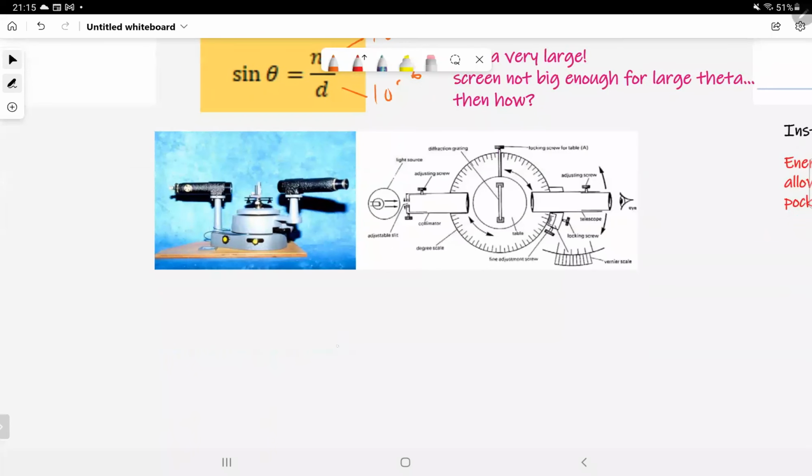In a diagram, you will want to draw something like this. Light goes through, and you have a curved screen, and first order, second order, and so on. 0, 1, 2 on one side, 1, 2 on the other side.